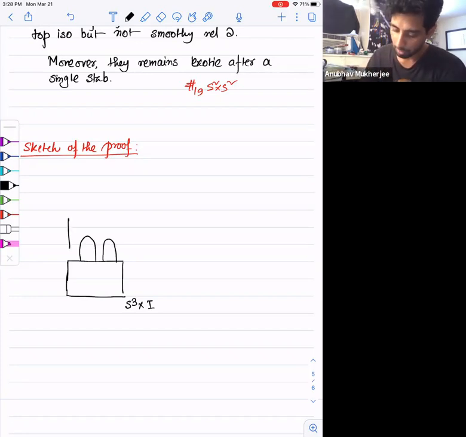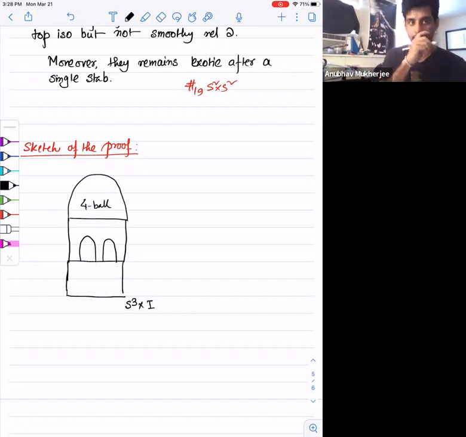We build up a cobordism from S3 to S3, and then we cap it off with a 4-ball. So this is one way of seeing the punctured K3. For simplicity, we just extend these handles so that they land in the boundary.